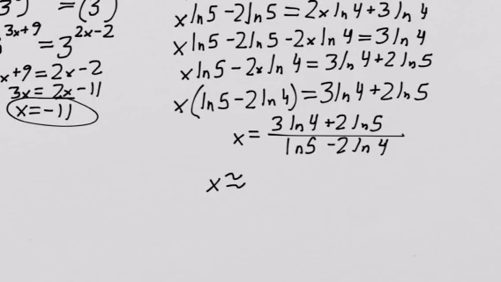So remember, when you put this into the calculator, the numerator needs to be in parentheses and the denominator needs to be in parentheses. I get an approximate answer of negative 6.3429.